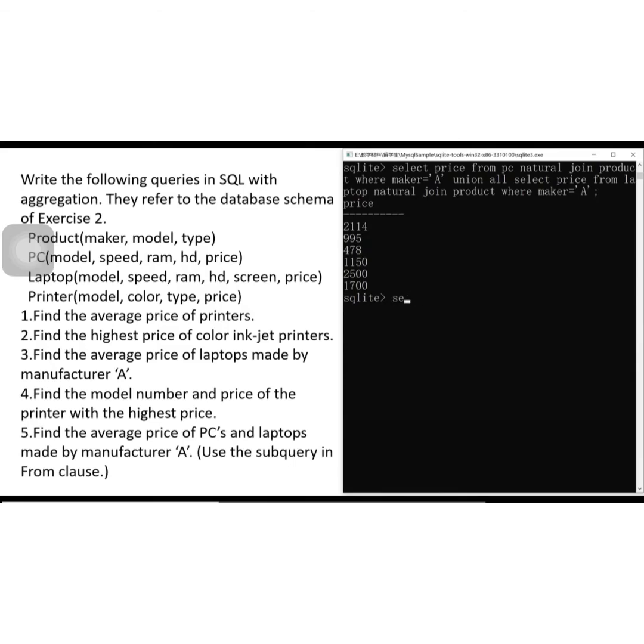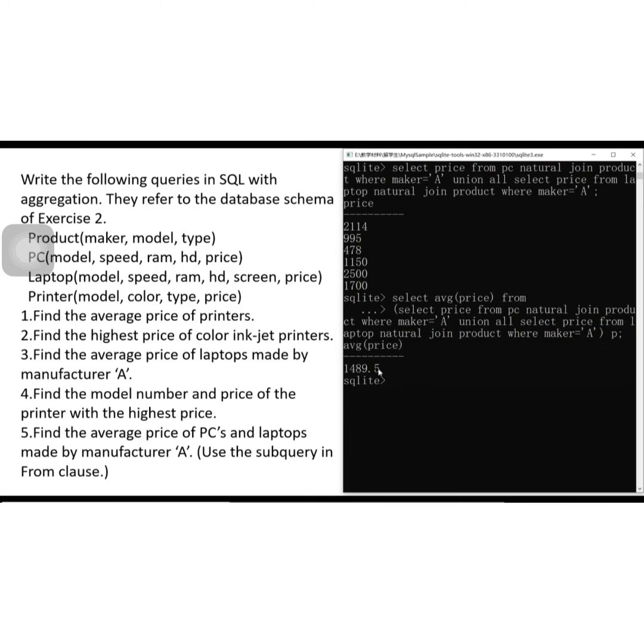So select AVG price from this result, from select price of PC made by A, union the price of laptop made by A. Okay, rename the result as P. So select average price from P. Then we'll get the average price of PCs and laptops made by A.